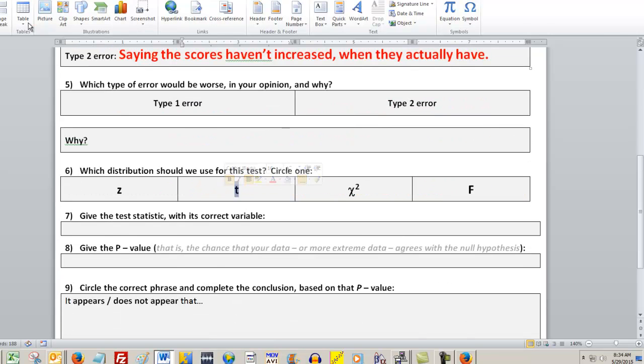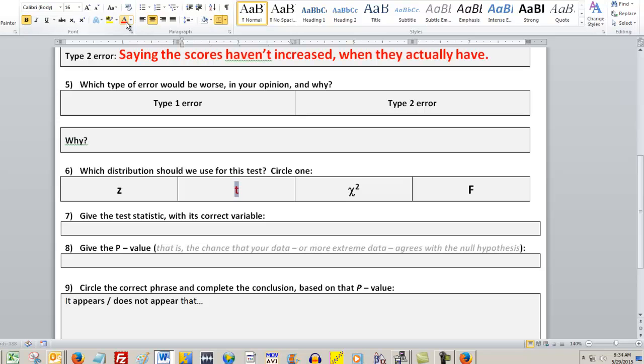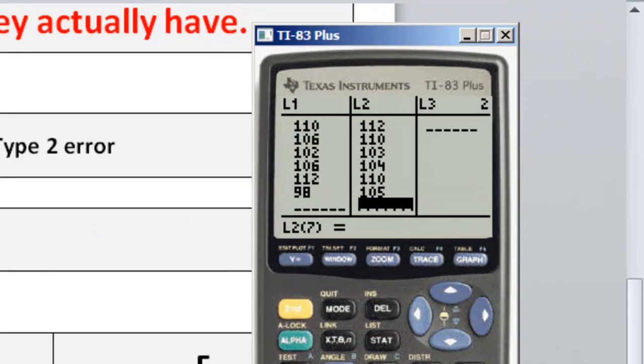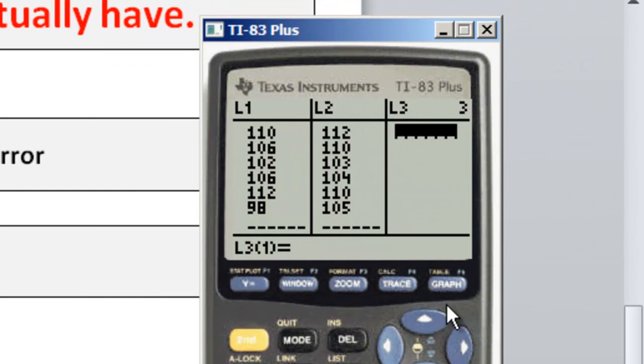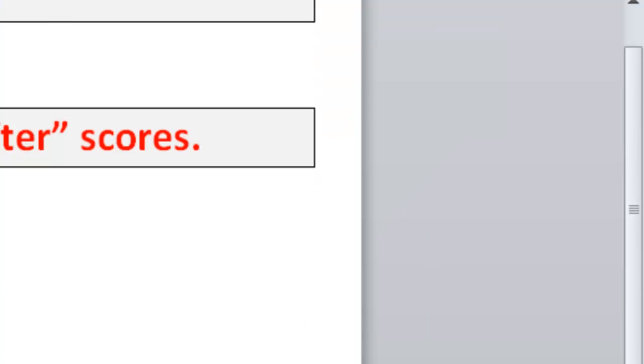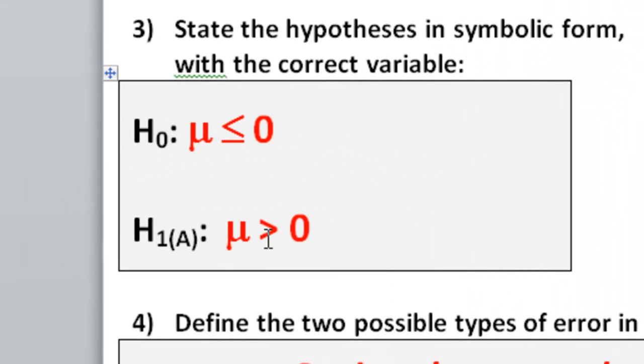Distribution will be a T because we are talking about 2 or fewer averages. Test statistic and the p-value come from technology. I'm going to run the TI here. Got the data ready to go. Remember, on the TI or also in Excel, we're going to subtract the lists. Now here's where I go back to my null hypothesis for a moment. If I want the average to be greater than 0, that means I think the numbers in L2 are bigger than the numbers in L1.